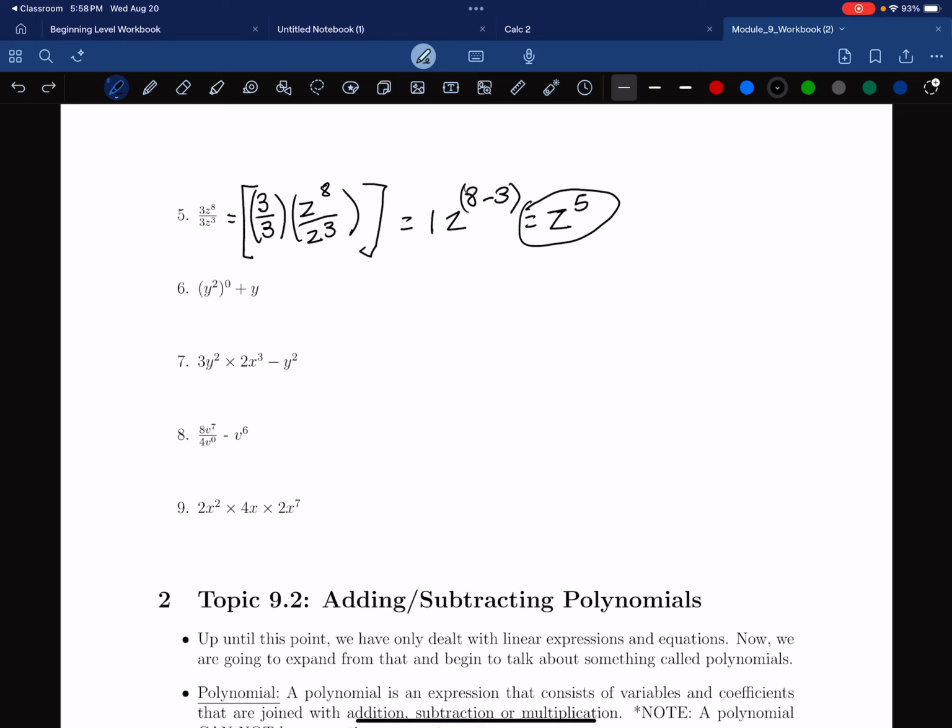So looking at example 6, we have y squared all to the quantity raised to the 0 power plus y. This one, like the rest of these problems, has a little bit going on. So the one thing you cannot forget is order of operations, right?